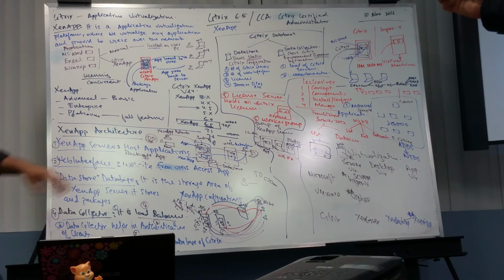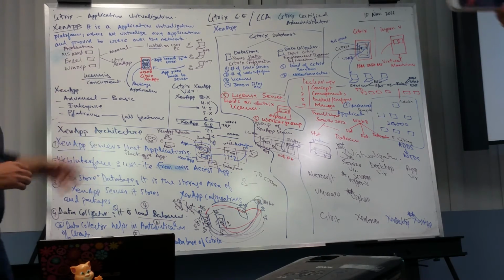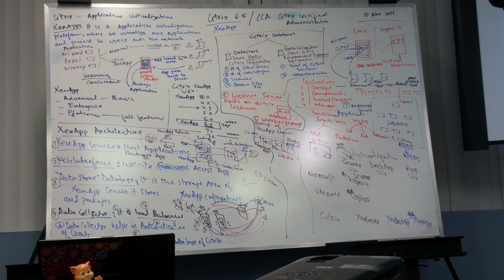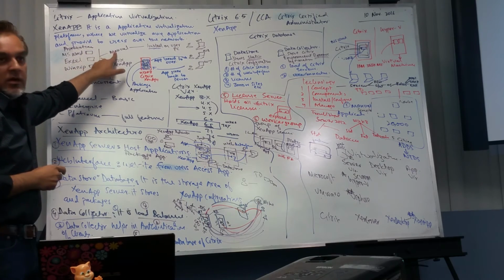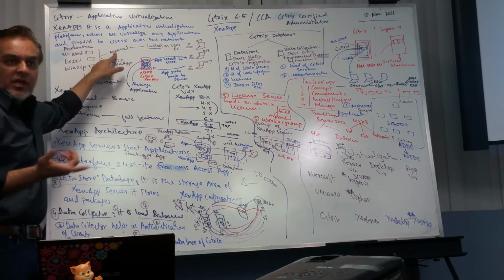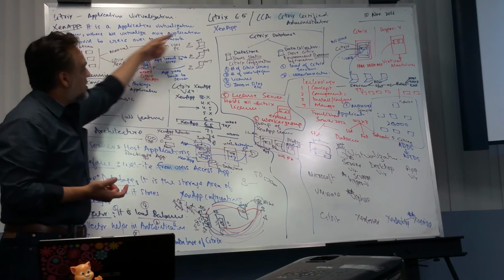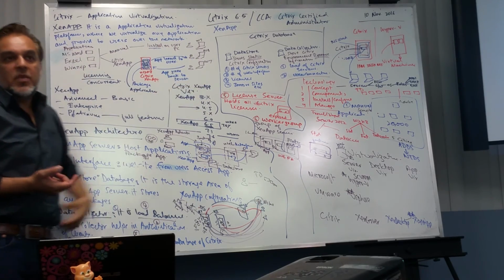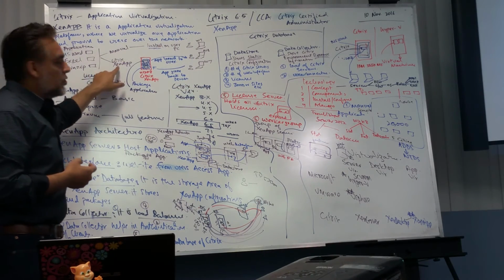Secondly, we went through the example that applications can be given to a user in two ways. What is the first way? The manual way: you take that application and install it on all these machines. The second way is through Citrix.